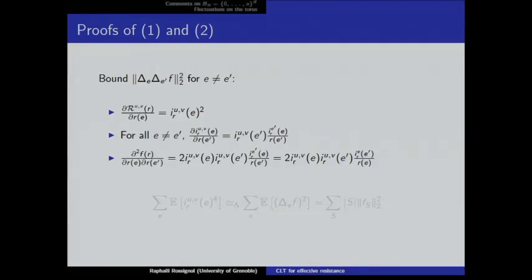So we have a formula for the second derivative. And because partial derivatives can be done in either order, what we obtain here is necessarily equal to this, just by exchanging the roles of E prime and E. This equality is known as the reciprocity law in electrical network theory.